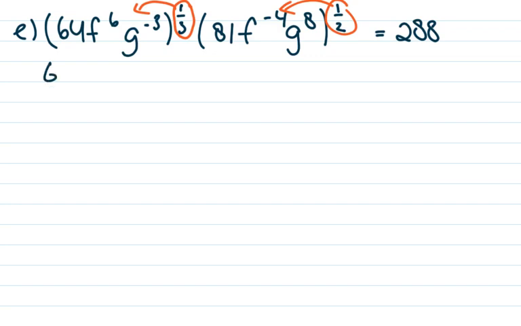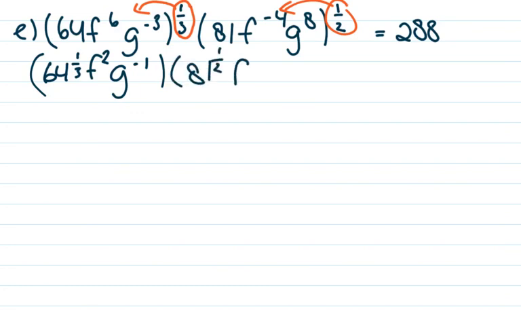So I'll have 64 to the power of 1/3 times f to the power of 6 times 1/3, which is 6 over 3, which is 2, times g to the power of negative 3 times 1/3, which is negative 3 over 3, which is negative 1, times 81 to the power of 1/2, times f to the power of negative 4 times 1/2, which is negative 4 over 2, times g to the power of 8 times 1/2, which is 8 over 2.